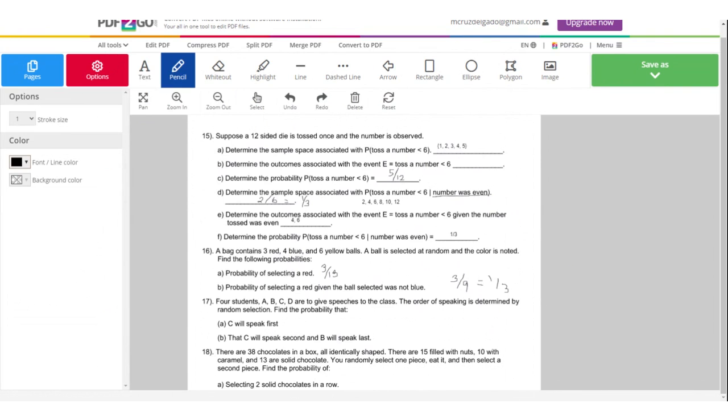Four students, A, B, C, and D, are giving speeches to the class. The order of speaking is determined by random selection. The probability that C will speak first. All right, there's only one of those.